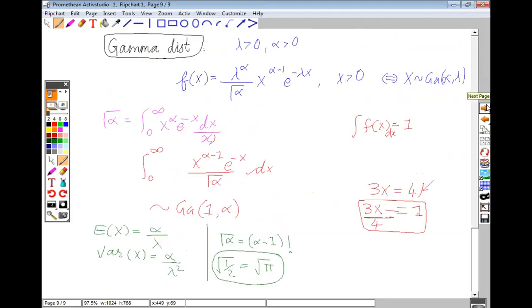And what did we study here? Just the gamma distribution, right? And the gamma function and the relation between them. So, okay.